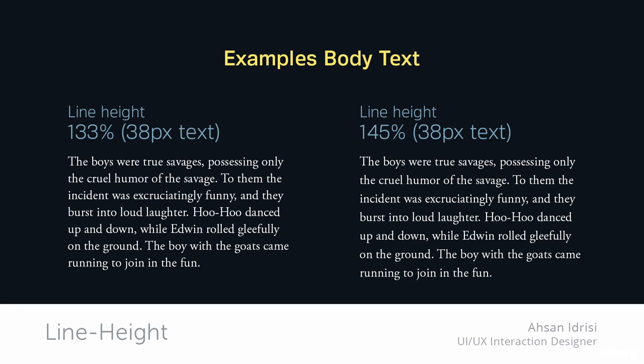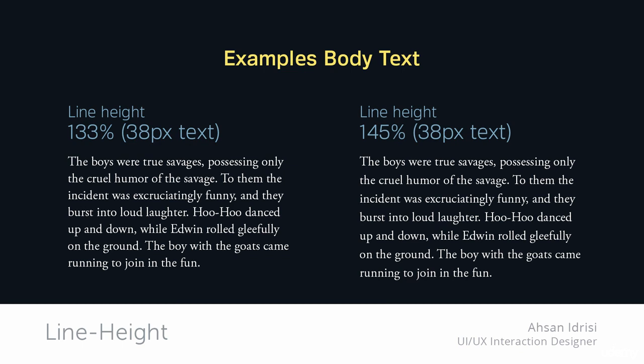Body text is basically paragraphs, so don't worry if you don't know what body text is. It is a lot of text which is meant to be read. On the left side we have line height 133%, or we also call it 1.33. 38 pixels is the size of our text.